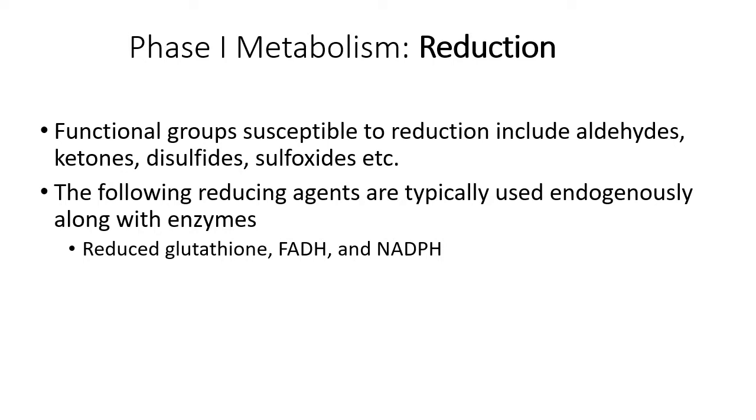So reduced glutathione, again, that's a very important detoxifying substance. That can be used, like I said, you could conjugate drugs with glutathione, or glutathione could actually be used to reduce drugs, which can hopefully detoxify or facilitate their removal from the body. And then FADH and NADPH. For the most part, this is FYI for this slide.